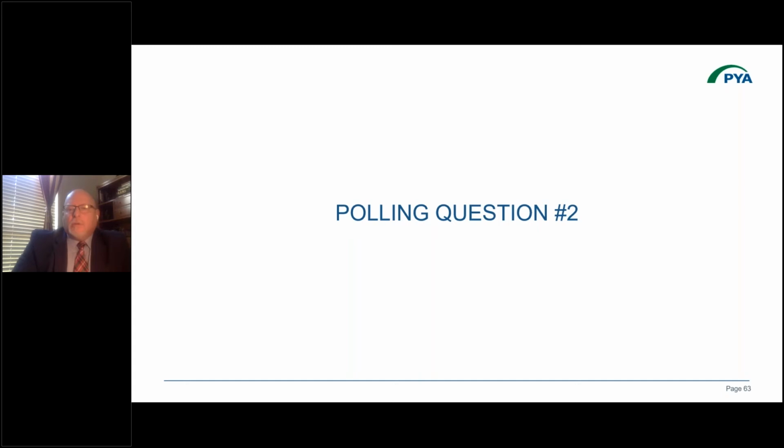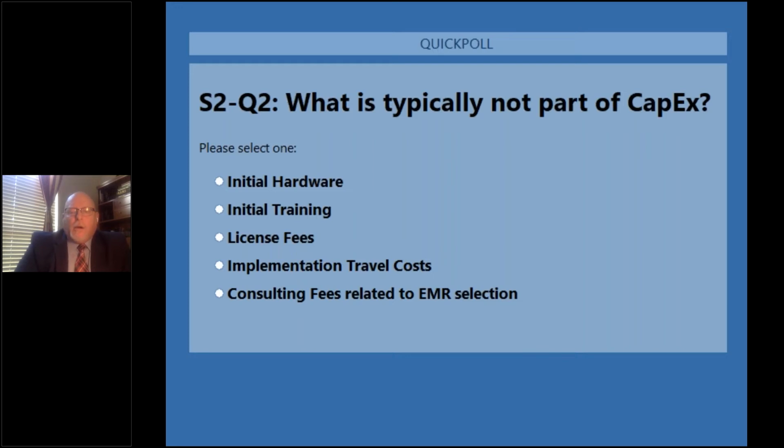Polling question number 2. Thank you. The second question is, what is typically not part of CapEx? Initial hardware, initial training, license fees, implementation travel costs, or consulting fees related to EMR selection? Remember, you must fill out the polling questions in order to receive CPE credit.